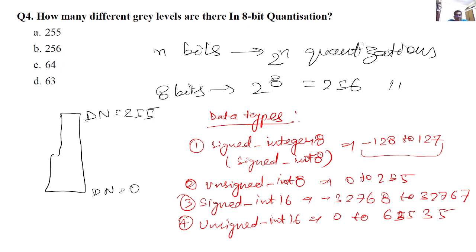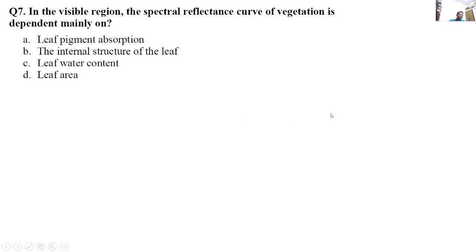Yes, sir. Thanks. Let's move further to some other questions. In the visible region, the spectral reflectance curve of vegetation is dependent mainly on A. Leaf pigment absorption, B. The internal structure of the leaf, C. Leaf water content, or D. Leaf area. I already discussed it.